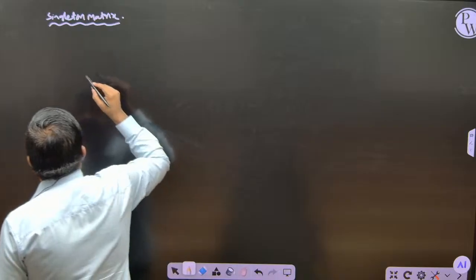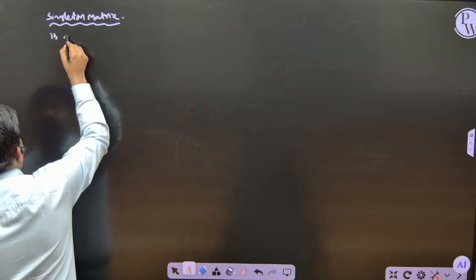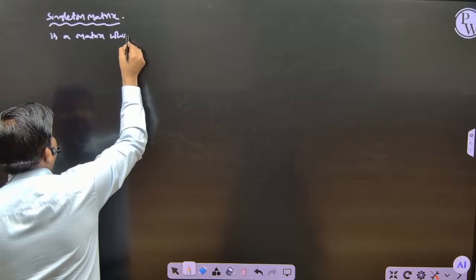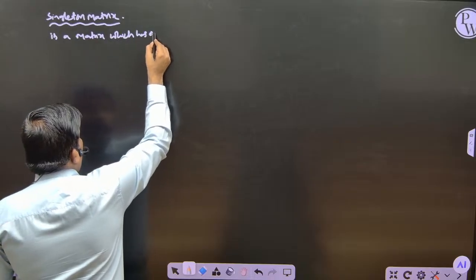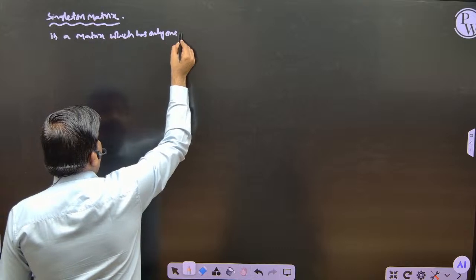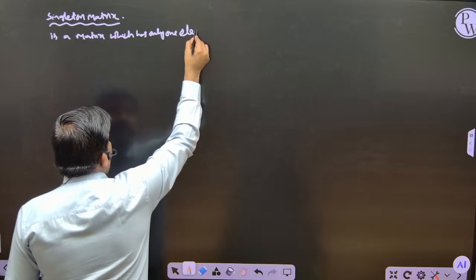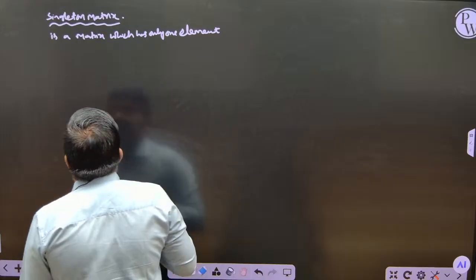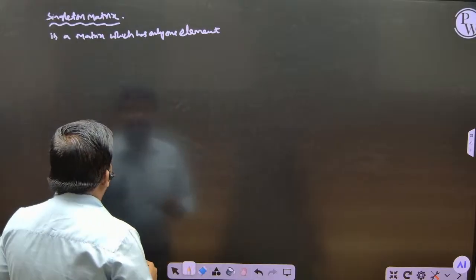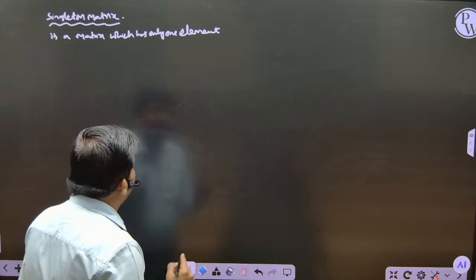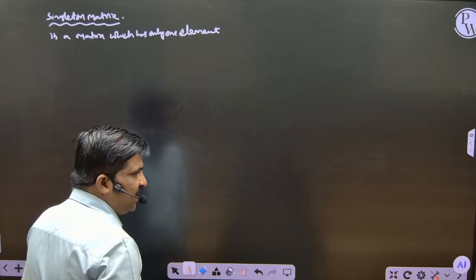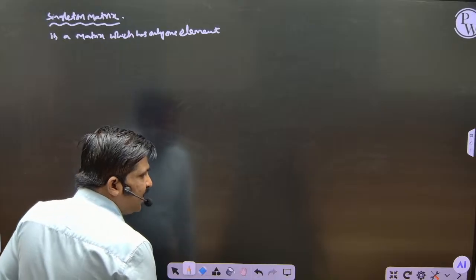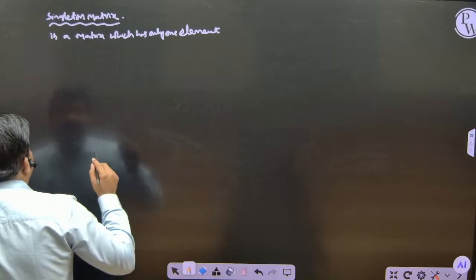A singleton matrix is a matrix which has only one element. If a matrix has only one element, then the matrix is called a singleton matrix.